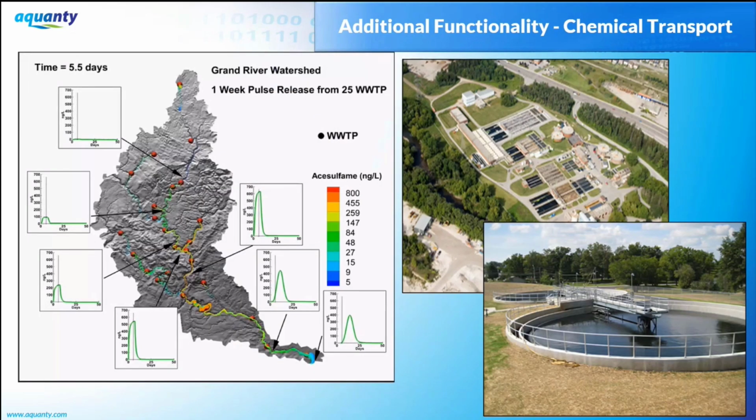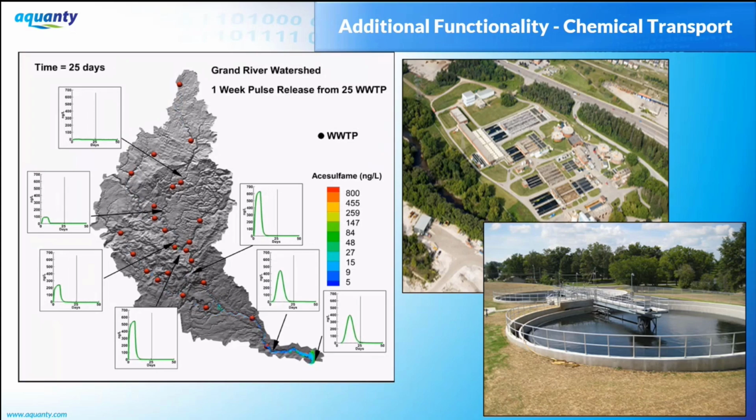So this was a study supported by Health Canada, looking at E. coli transport, E. coli arising from wastewater treatment plants, which are the red dots along the river. We also simulated acesulfame, which is an artificial sweetener that behaves more or less conservatively. It's in soft drinks and all these kinds of things, and you kind of know the loading, how much per capita people drink.